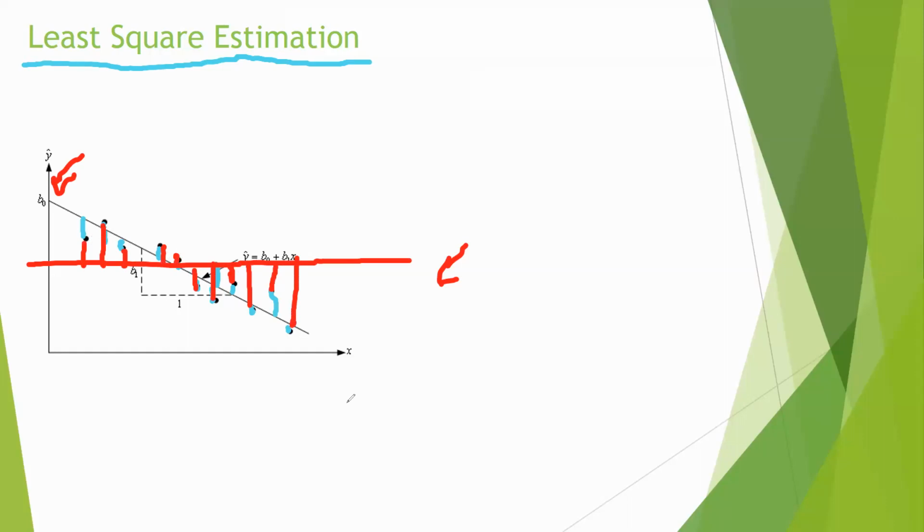So when we compare the least squares of these deviations, of course, the red line will give us a larger sum of squares compared to the black line, right? So that's the criteria we can use to identify the best fit for your data.